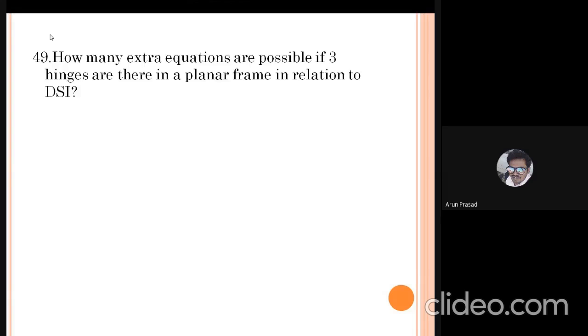How many equations are possible, extra, other than the compatibility equations and everything, for 3 hinges in a plane frame? The options are 6, 9, 3, and 1. So what will be the answer?